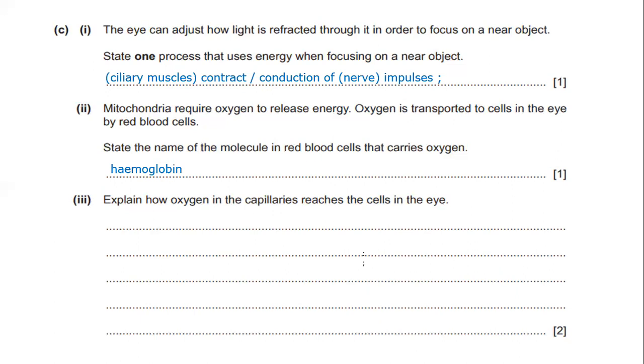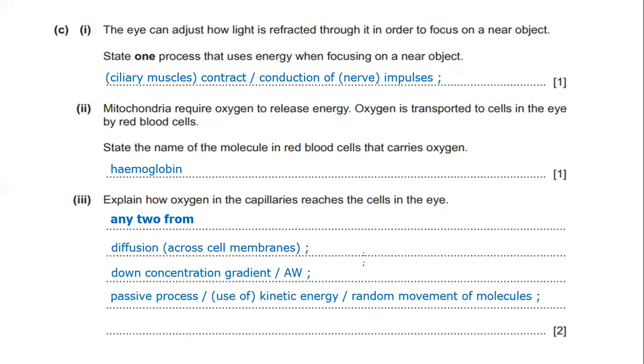Explain how oxygen in the capillaries reaches the cells in the eyes. Okay, any from these two will be accepted. Diffusion across cell membranes or down a concentration gradient.